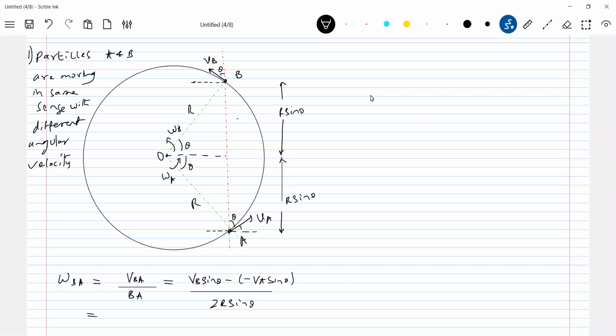Okay, this you keep it. Now (VB plus VA) by 2R. What is VB equal to?